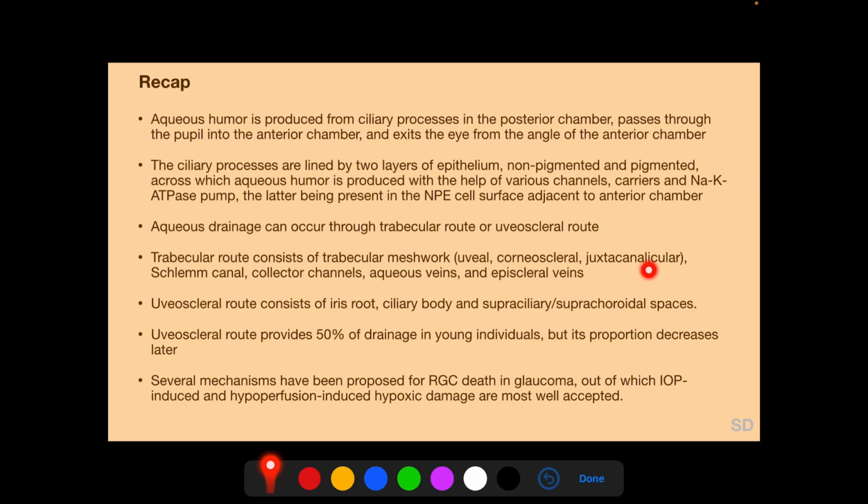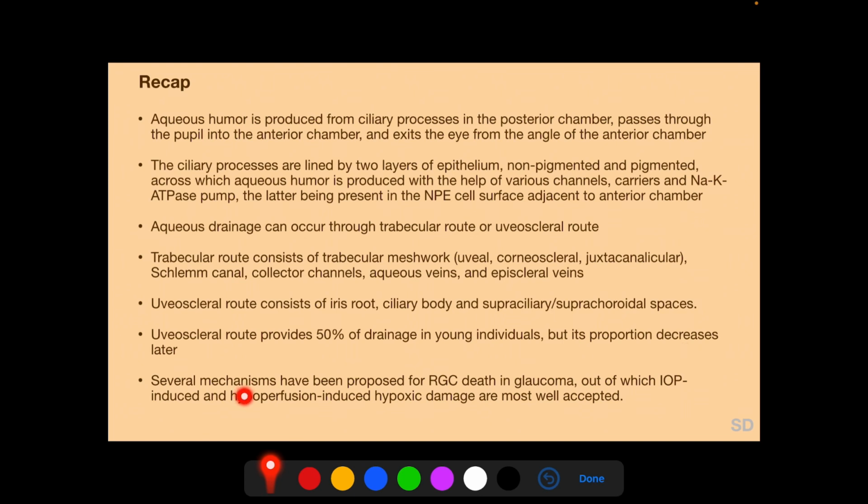The juxtacanalicular meshwork is the site of the maximum resistance in the trabecular meshwork. The uveoscleral route consists of iris root, ciliary body, and supraciliary and suprachoroidal spaces. The uveoscleral route provides 50% of drainage in young individuals, but its contribution to drainage decreases later with age.